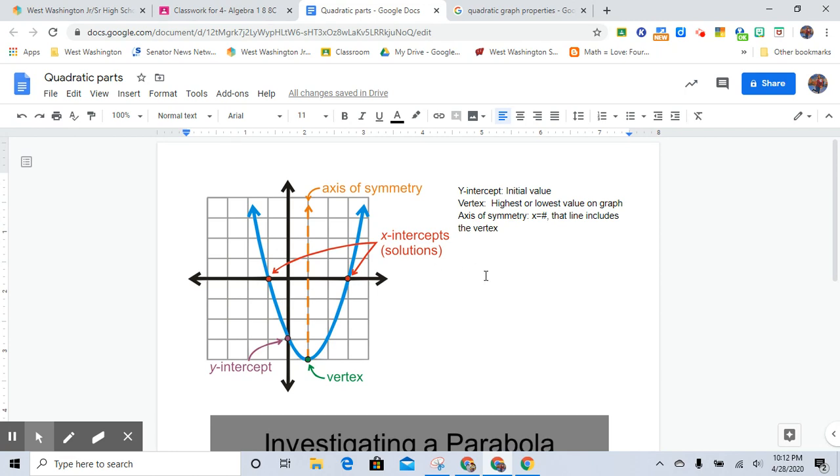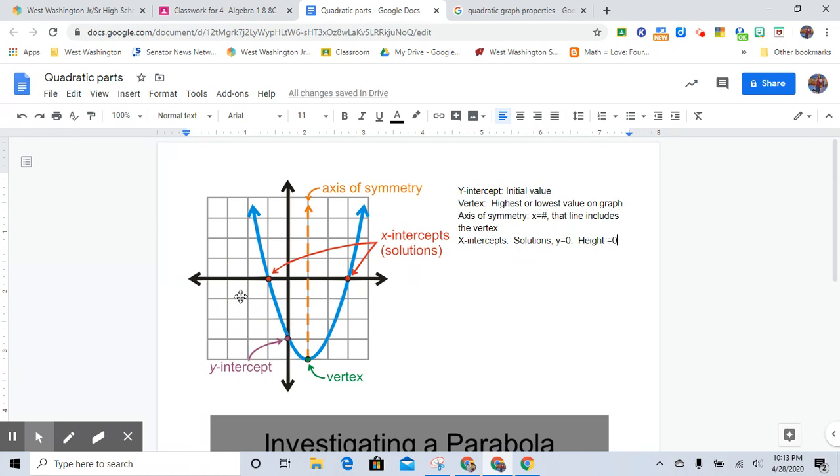All right, then we have the x-intercepts. And those are the solutions. That is where y equals 0. Sorry, I said x equals 0, that's not true. And normally in real context problems, this is when the height is 0.